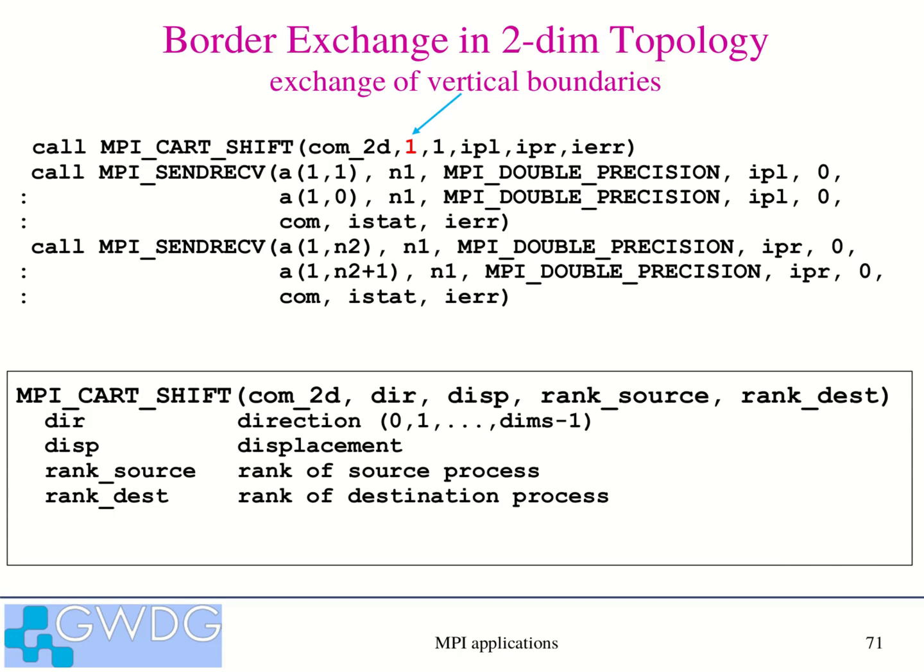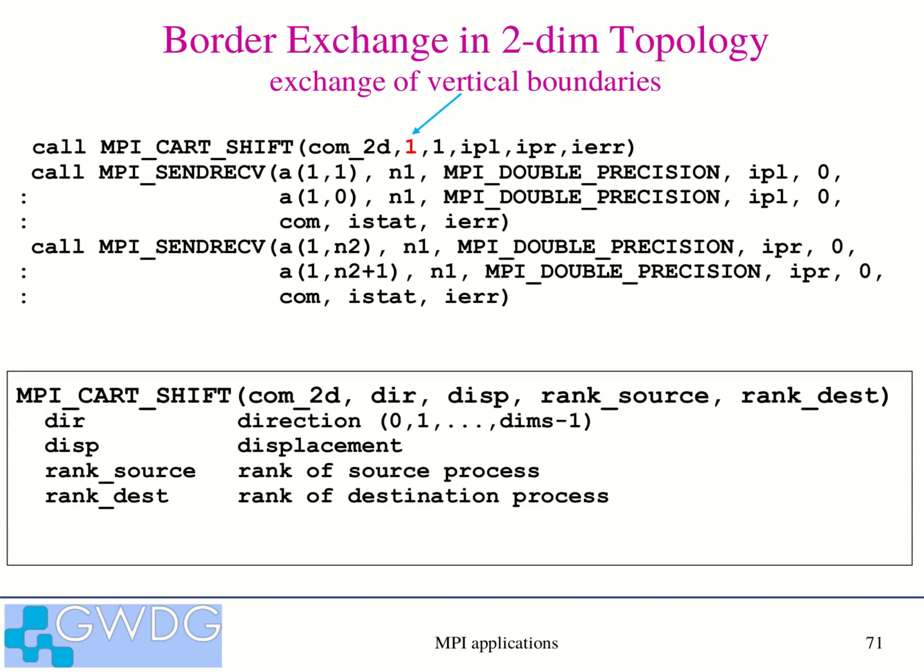Then there is a very useful routine in MPI which determines the neighboring identification values for the processor in a Cartesian grid, which is the shift.